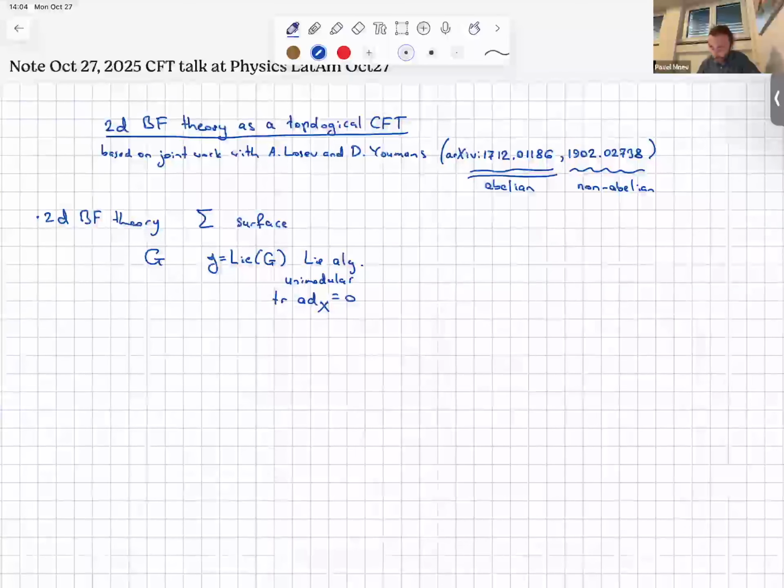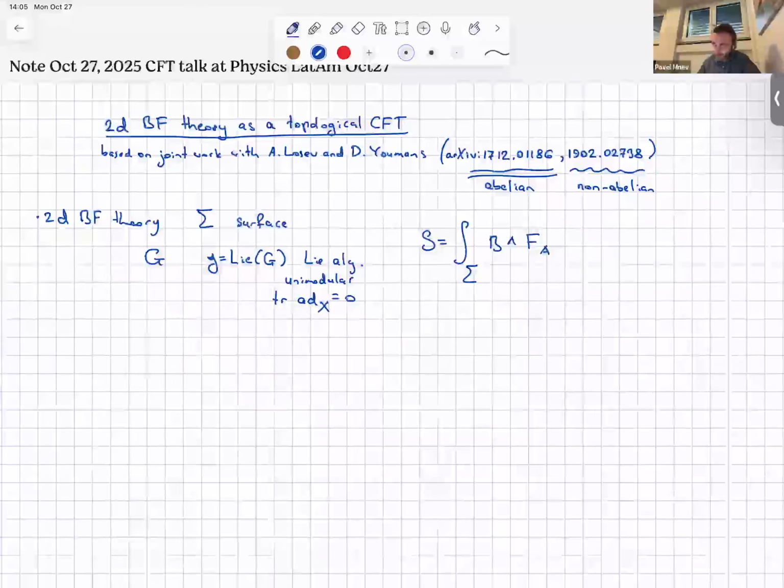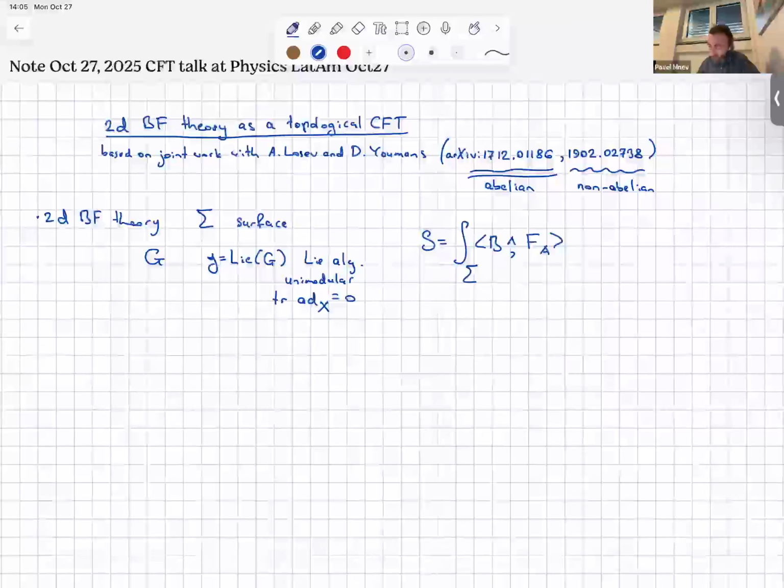Then the action of BF theory is the following. It's the integral over the surface of B wedge the curvature of A. Let me explain what the fields involved are.